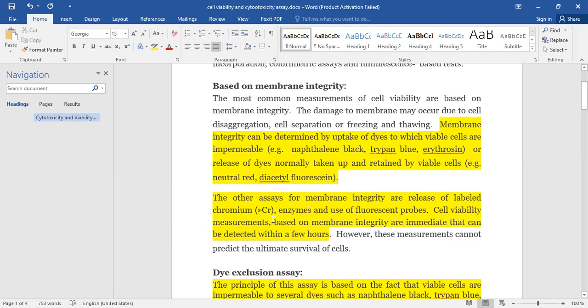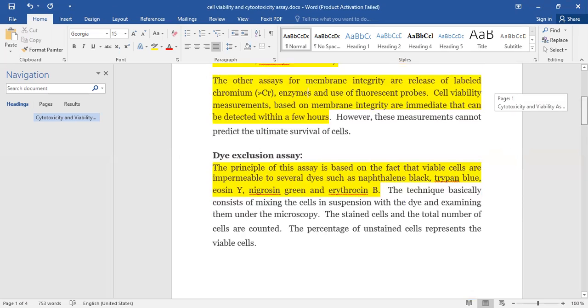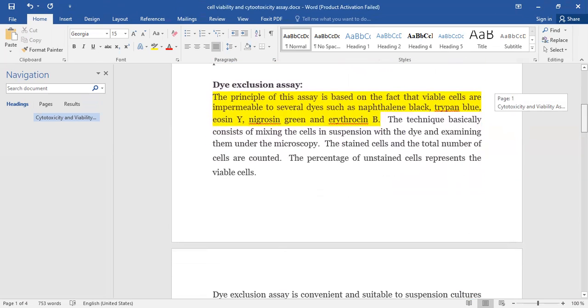Another method can be the labeled chromium test, in which viable cells can fluoresce. On the basis of these methods, there are some further assays. The first one is the dye exclusion assay. In the dye exclusion assay, the viable cells are impermeable to several dyes such as naphthalene black, trypan blue, eosin Y, nigrosin, and erythrosin B. So if we stain the cells with these dyes, viable cells will show no color.